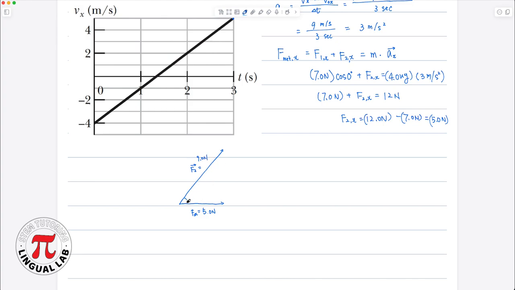So I draw F2 something like this, 9.0 Newton, and I need to find this angle. The angle can be calculated by arc cosine of 5.0 Newton over 9.0 Newton. The angle is approximately 56 degrees.